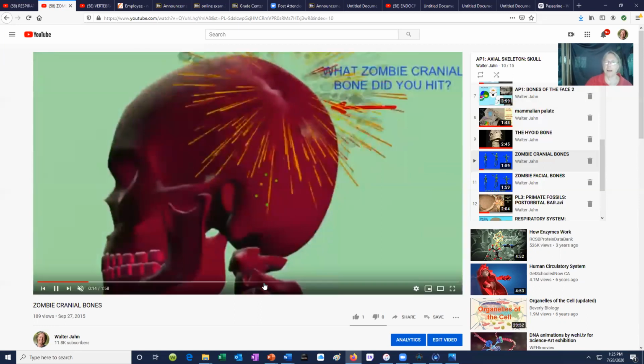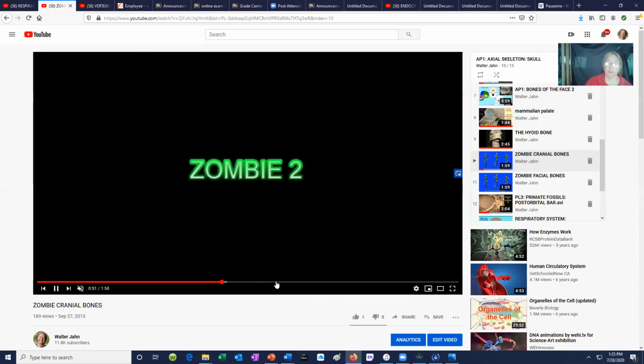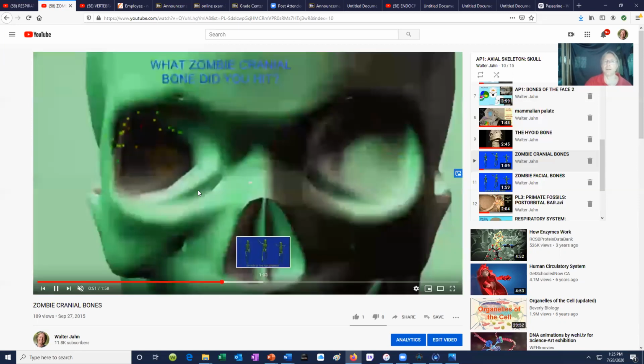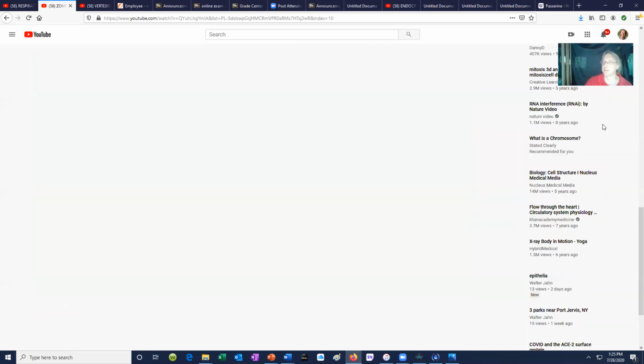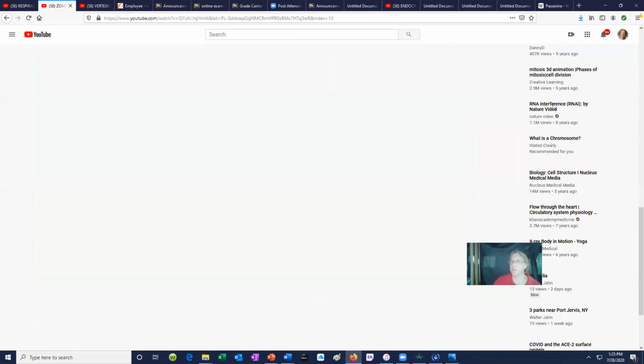Was that the parietal bone, for example? What bone was hit here? Well, that would be the sphenoid bone. So if you were trying to quiz yourself in a way that might help you remember, but also kind of be funny, that might be something of interest.